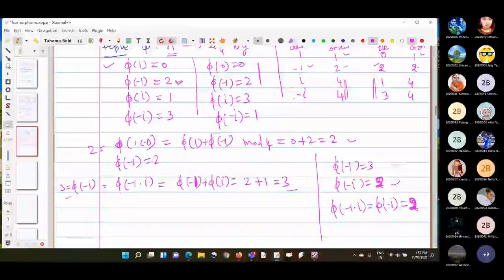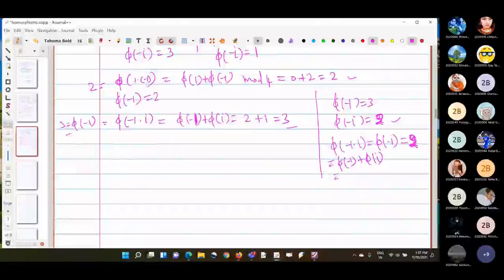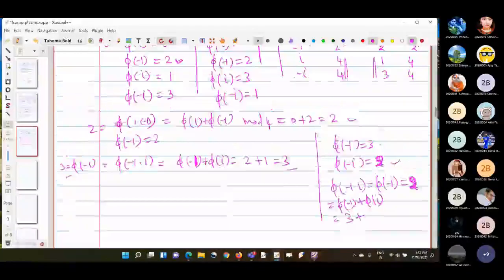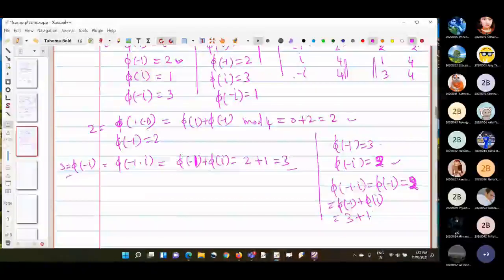Okay. And if it is operation preserving, then phi of -1 plus phi of I. So phi of -1 is 3, and phi of I is 1. Sorry, this is 4, which is equal to 0.